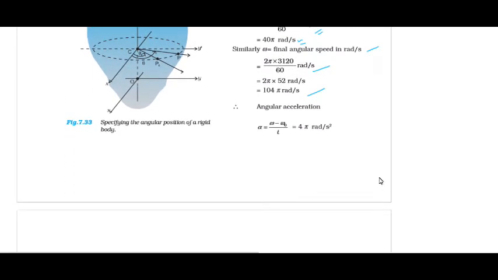Angular acceleration alpha is equal to omega minus omega naught upon t. Why have we written this? This can be found in this way: omega is equal to omega naught plus alpha t. So omega minus omega naught is equal to alpha t. So omega minus omega naught upon t is equal to alpha.